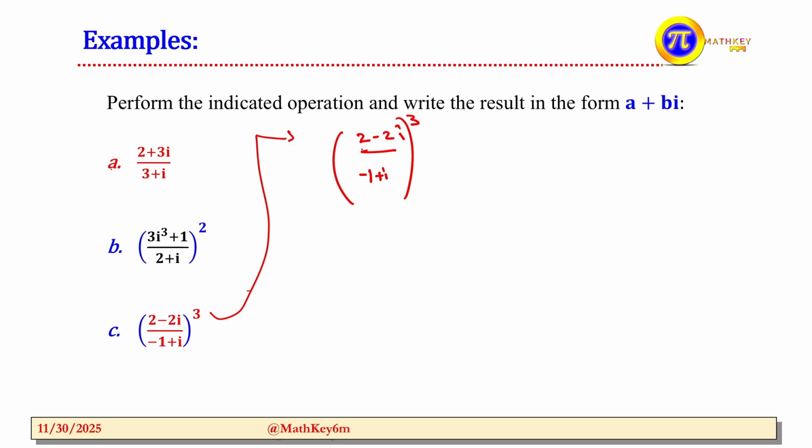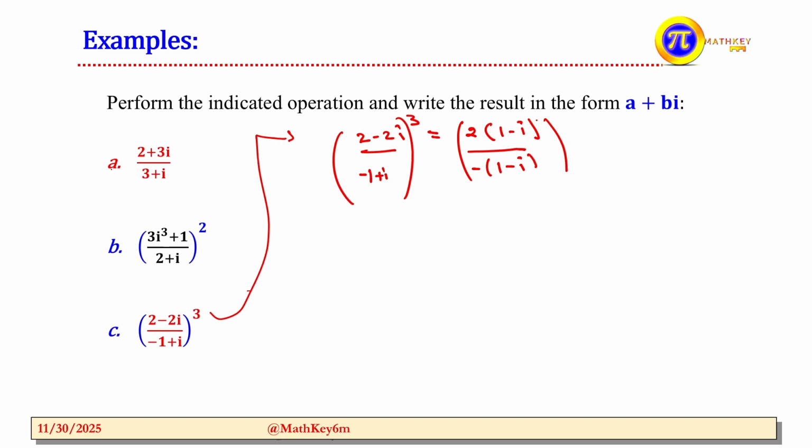In this case, let's perform the operation for the inner one. Let's simplify it: when you take 2 common, here is 1 minus i for the numerator. For the denominator, minus 1 plus i means what? Take negative 1 common, which gives 1 minus i.